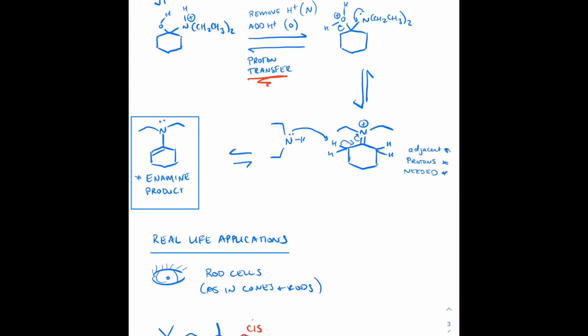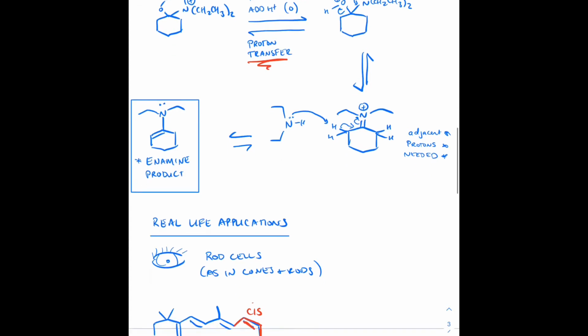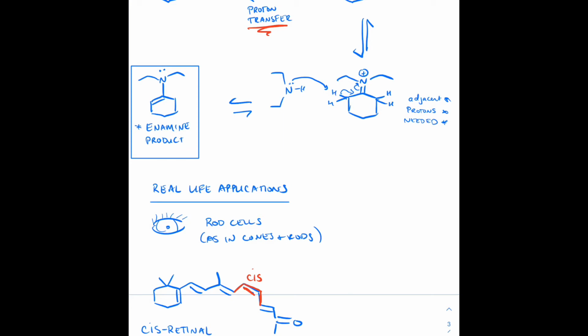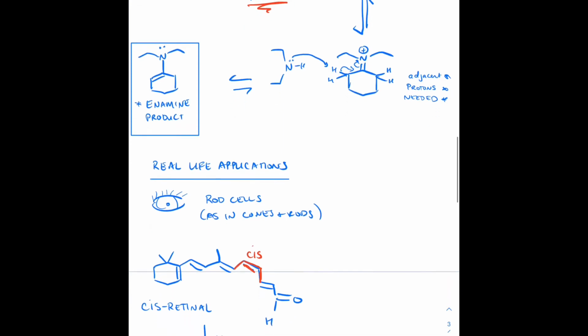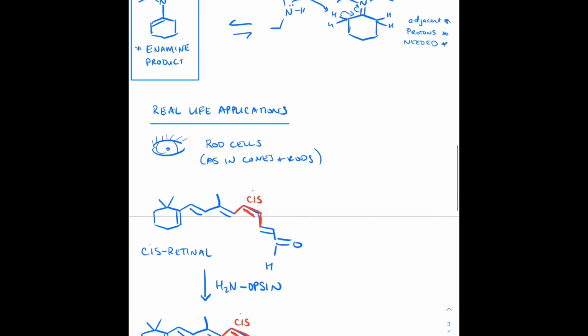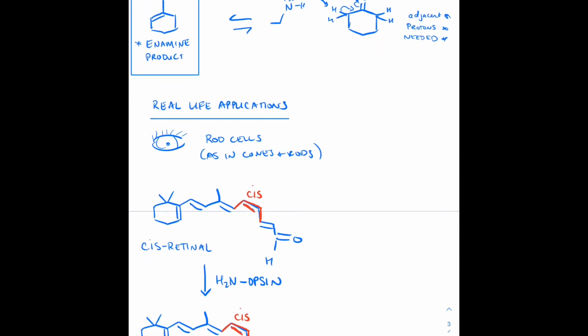In our eye, we have rod cells, and this would be as in cones and rods to help us see in the light or the dark. We also have cis-retinal, which is a highly conjugated aldehyde, and this aldehyde, in the presence of an amine, can undergo an addition reaction, forming an imine product.